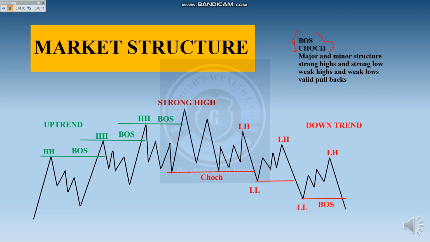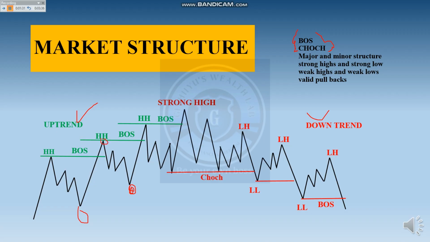We have the uptrend and we have the downtrend here. In an uptrend, the market creates highs and lows, and then when this high is broken, we consider it a break of structure. The abbreviation of BOS is break of structure, and this one is a high. We consider it a new high when the market breaks the previous high.